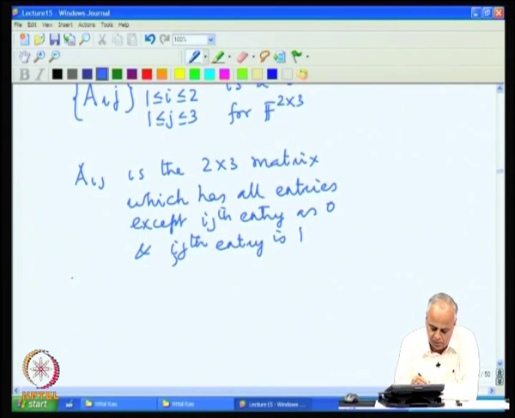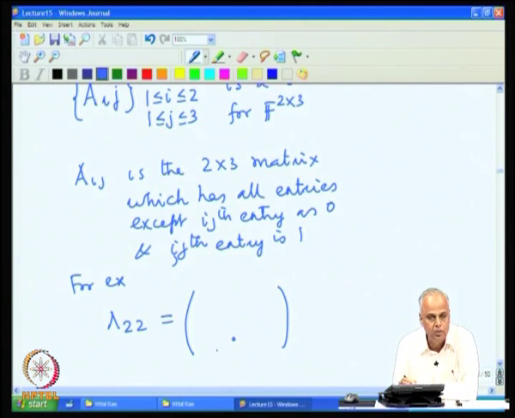For example, A22 means except the second row second entry, which must be 1, all other entries must be 0.